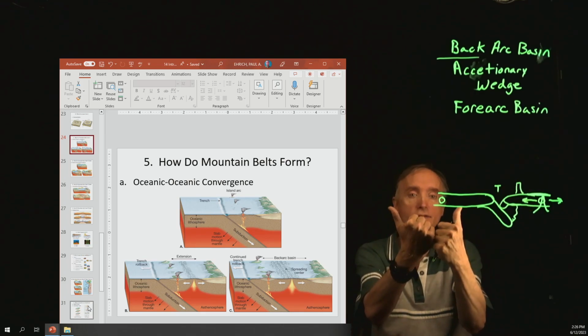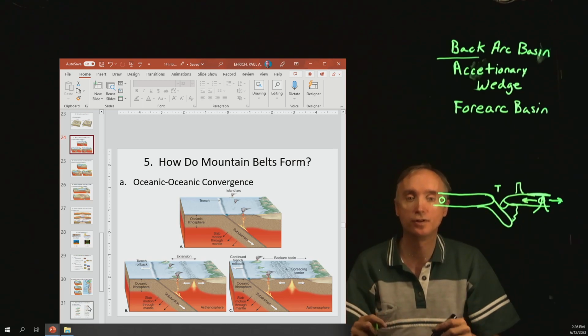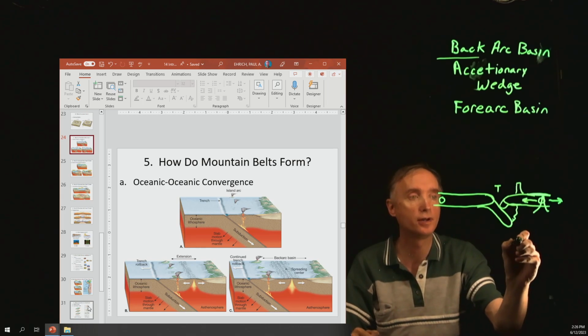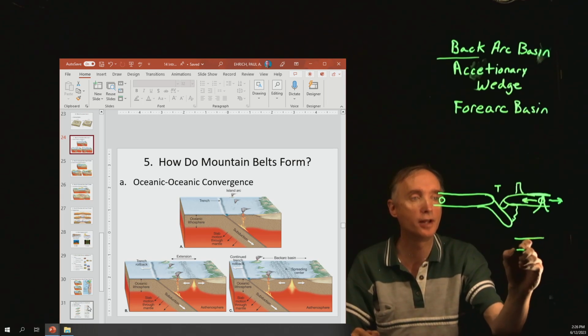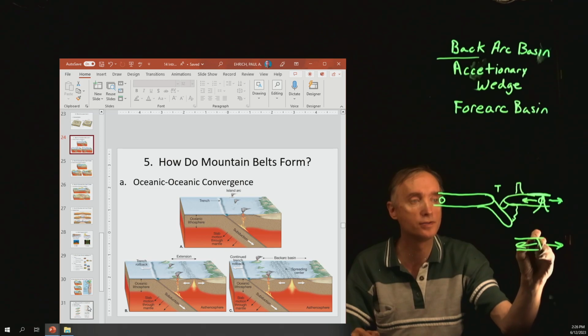And as these rocks are going back this way, you can see that it's going to cause faulting to occur. We mentioned that if a plate is going in this direction and a plate is going in this direction, then it's going to cause normal faulting.